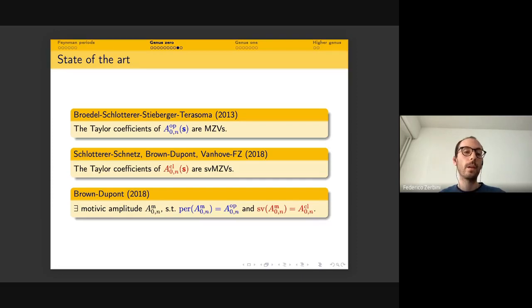And well, this also implies that if you simply naively apply the single-valued map on the multiple zeta values, which is not quite a map, but conjecturally it is, to single-valued multiple zeta values, term by term, in the Laurent expansion of the amplitude, you should get the closed string amplitude.